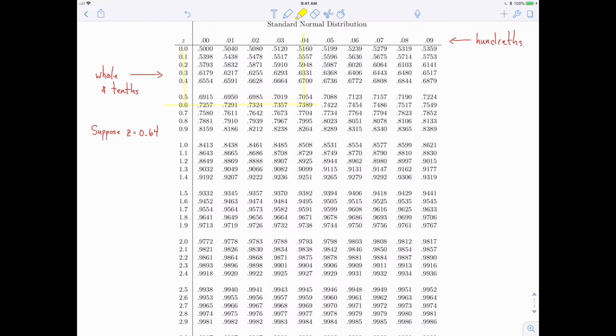So let's do this with the problem at hand. The problem at hand says 1.50. So here's my 1.5 row, goes all the way to the right. And then 0.00, that's this first column. So right here is my answer, 0.9332. So let's go back down here.